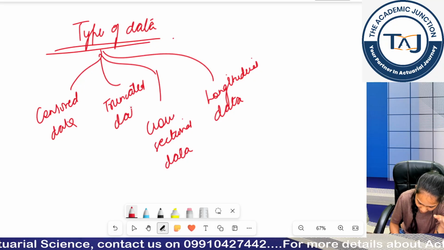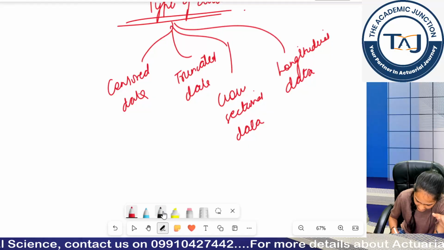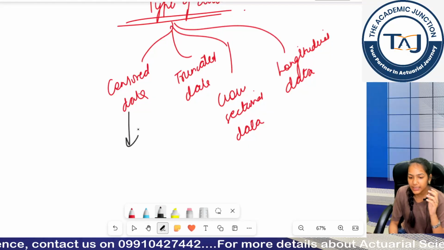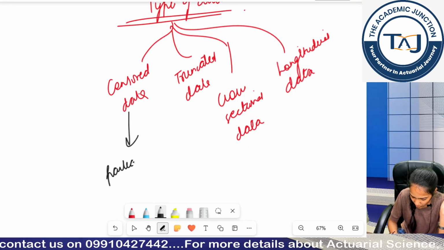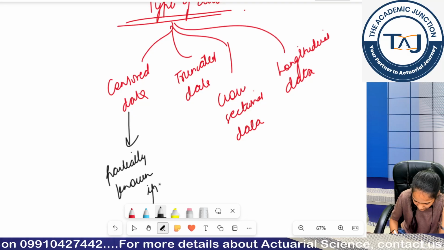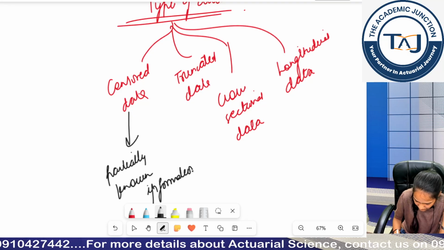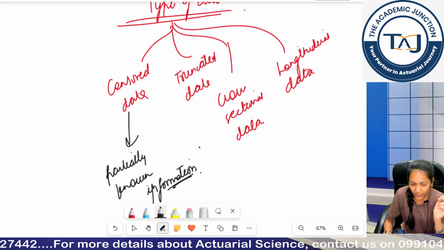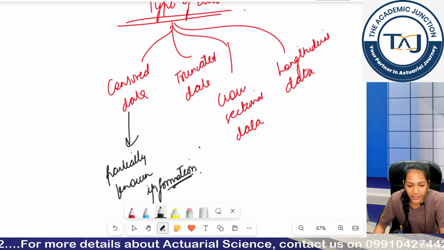If I talk about censored data, it means partially known information.